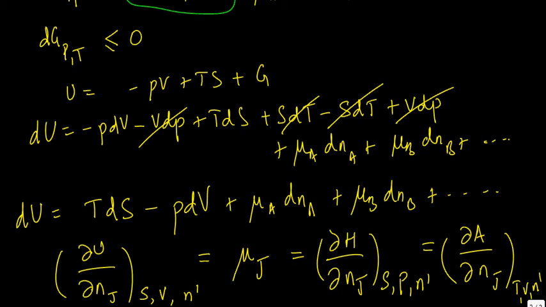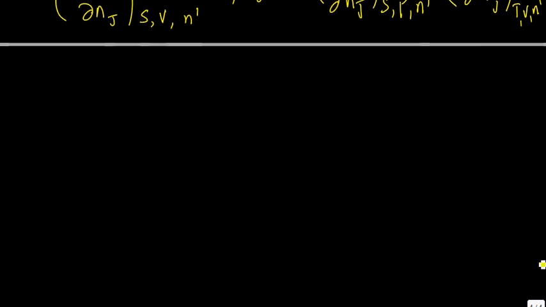Now something even more interesting. dG was equal to the additional work done, the maximum that can be possible by the system. What was dA equal to? Work done. No, wait, it's not maximum expansion work. It's the maximum total work.